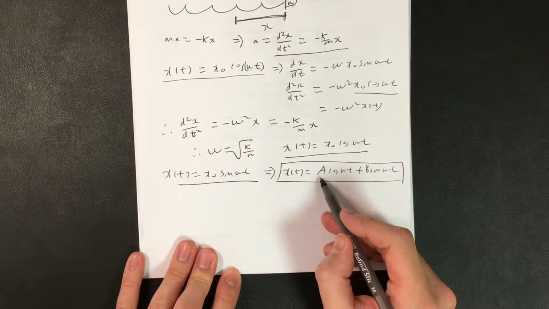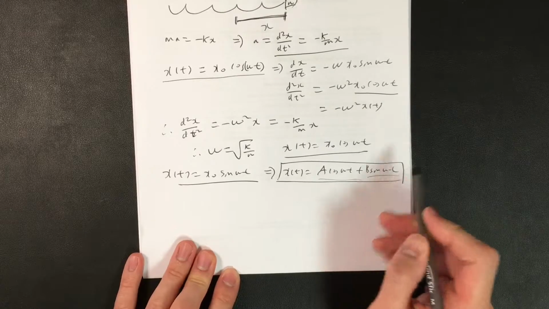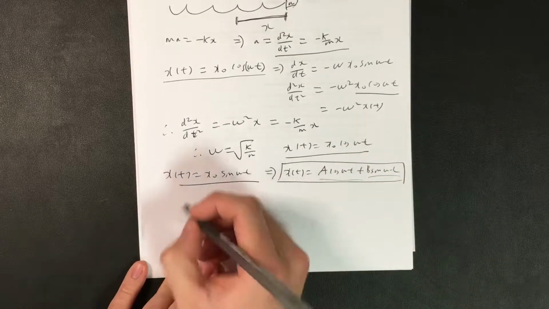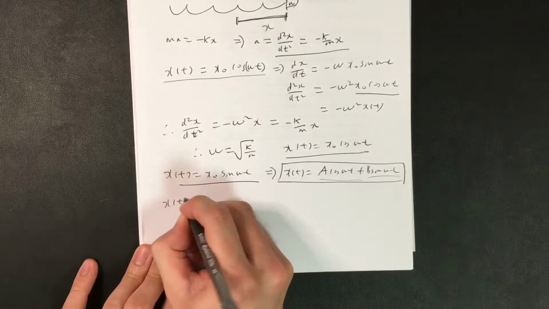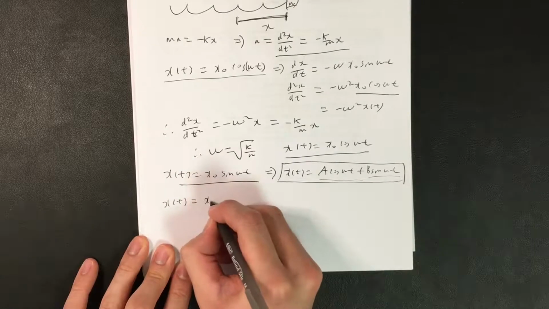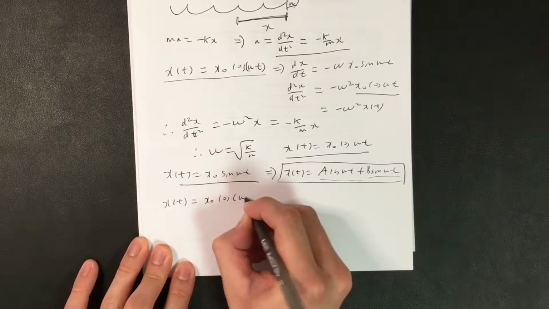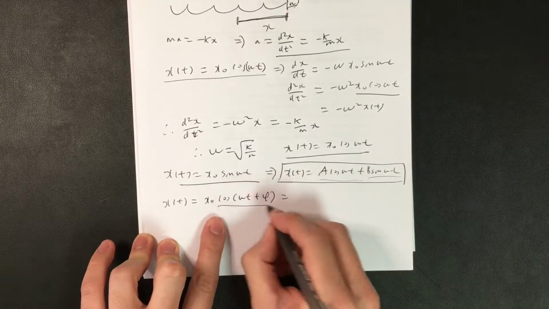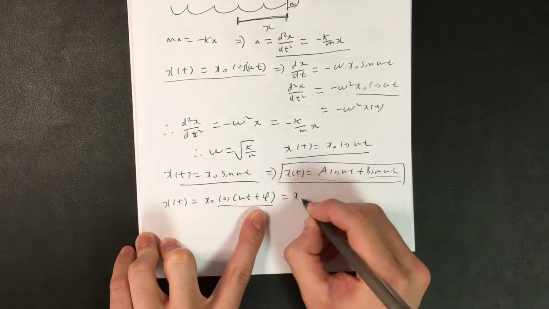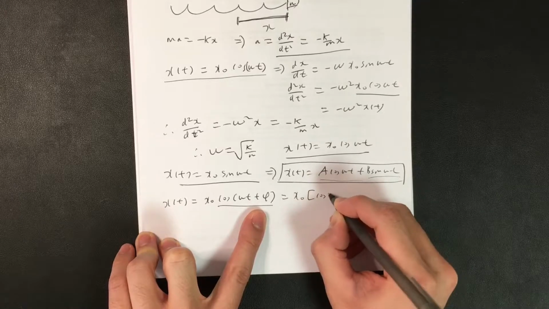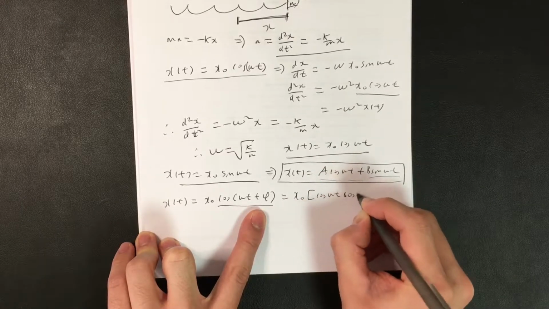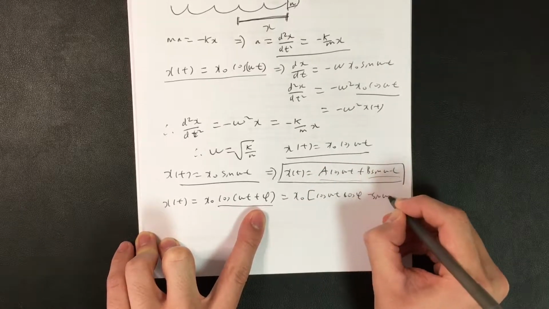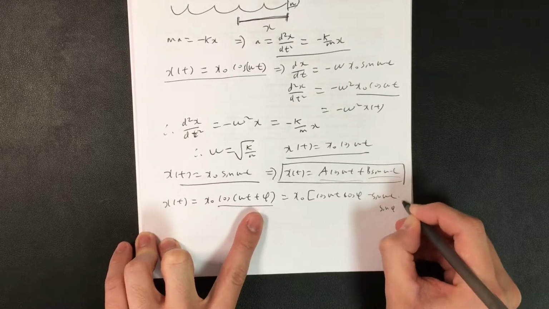Since this linear combination of cosine and sine looks a bit complicated, physicists generalized that x of t is in the form of x naught times cosine of omega t plus some angle phi, because from trig identities, cosine of omega t plus phi equals cosine omega t cosine phi minus sine omega t sine phi.